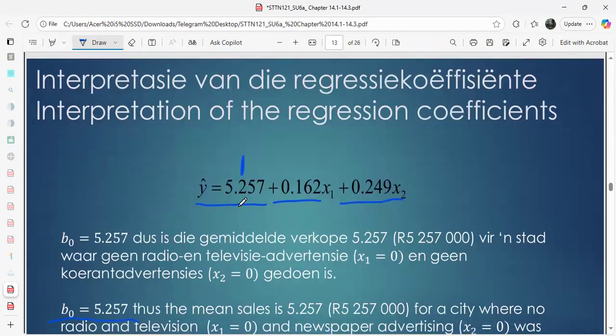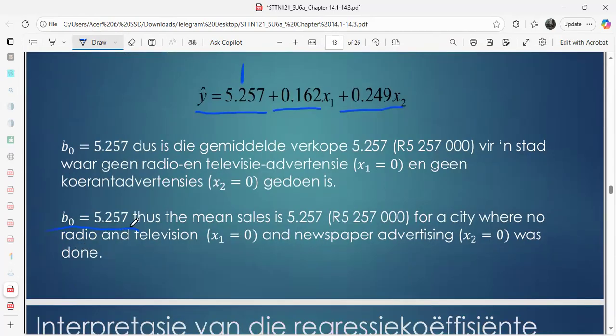Here in this case, they said the 5.257 is where no radio and television, which is X1, and no newspaper advertising, which is X2, was done. You need to mention the value of B0 first, then interpret: the mean sale is this amount where both are equal to zero. That's how you interpret the B0.